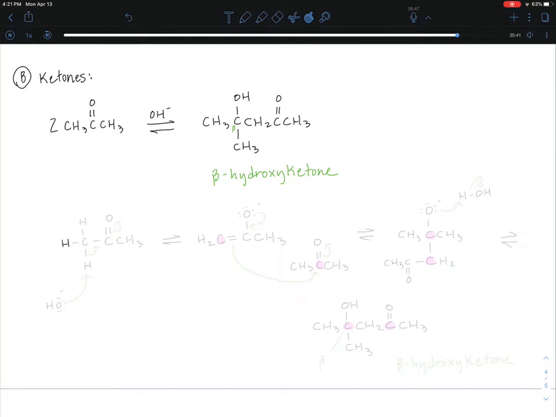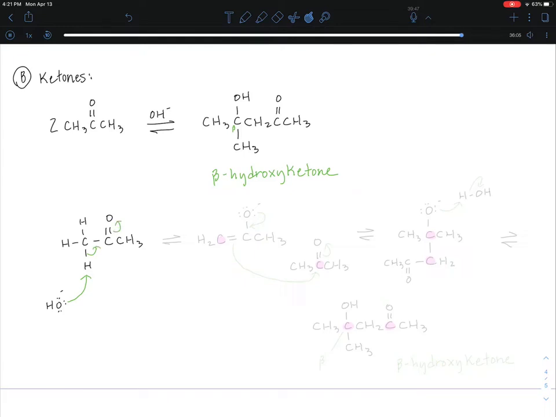Because we have so few carbons, I'm just going to expand this out. So my hydroxyl group is going to come in, and I'm going to snag that hydrogen, make the enolate.